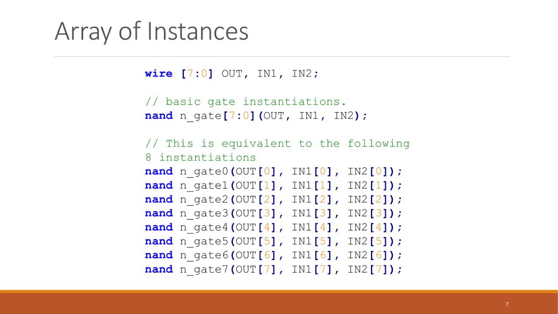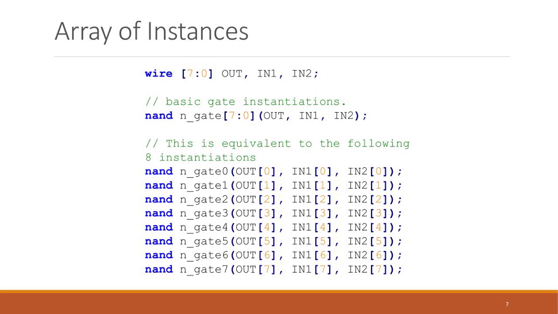And each of these gates should have 2 single bit inputs and 1 single bit output. So for this, we have defined 3 buses or multiple bit wires. First, we have defined three 8-bit wires, named out, in1 and in2.